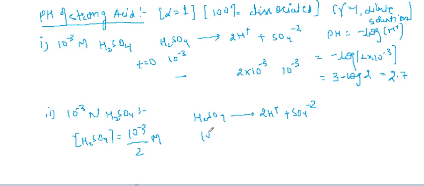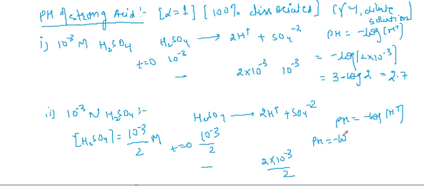At t equals 0 it is 10 to the power minus 3 divided by 2. When the reaction ends, H plus becomes 2 into 10 to the power minus 3 divided by 2. Again, we take gamma as 1. So pH equals minus log H plus, which is minus log 10 to the power minus 3. The 2 cancels, and 3 will be the pH in that case.